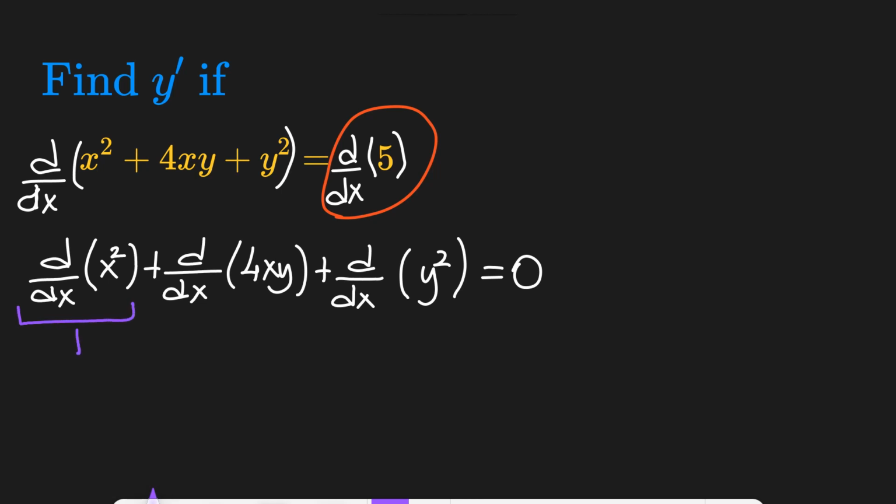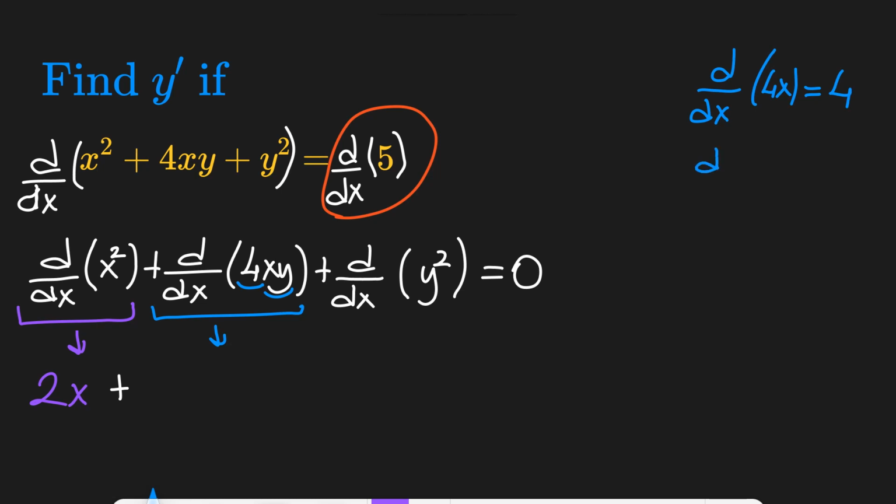Derivative of x squared with respect to x is 2x plus, we will use the product rule here. 4x: x is the first function, y is the second function. So the derivative of 4x with respect to x is 4, and the derivative of y with respect to x is just dy over dx.